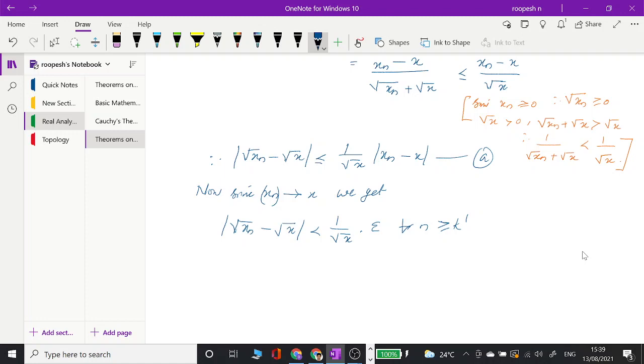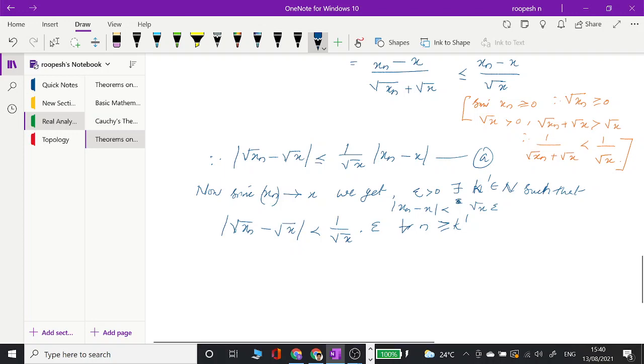Since xn converges to x, for epsilon greater than 0, there exists some k dash belonging to N such that your condition should be modulus of xn minus x is less than root x into epsilon.